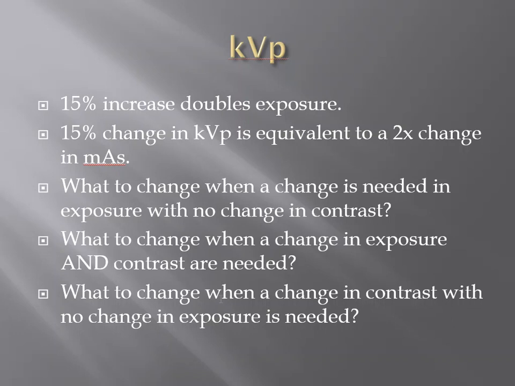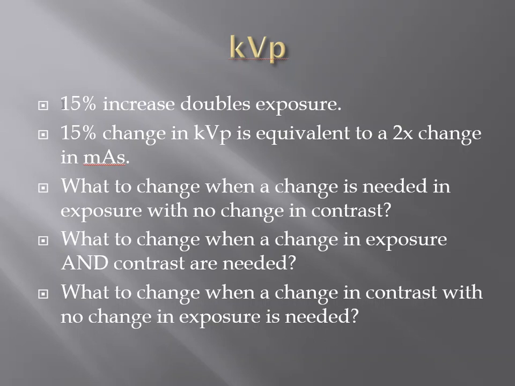So if you want to change your contrast with no change in exposure, you're going to have to do two things: change your kVp, but also change your mass. We've got a change in contrast, so we're going to have to increase or decrease our kVp. If we increase our kVp by 15% and we want no change in exposure, then we have to cut our mass back.